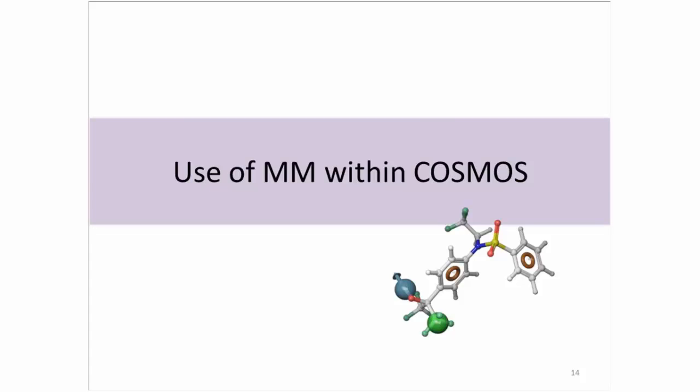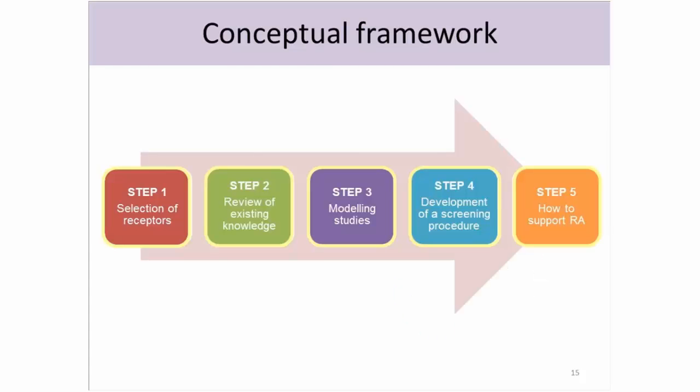What we have done within Cosmos, we thought about this conceptual framework. So the first step is to select receptors that are relevant for an AOP. The other step was to review the existing knowledge about these receptors, and to understand how the structures were and if molecular modeling could be applied to these structures.